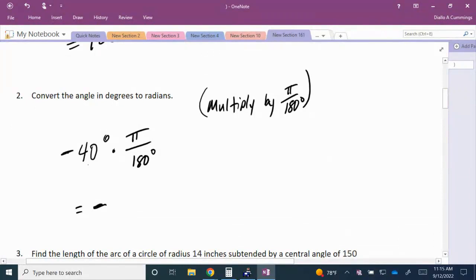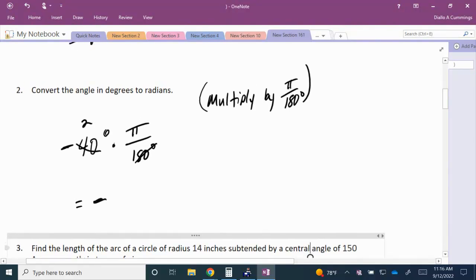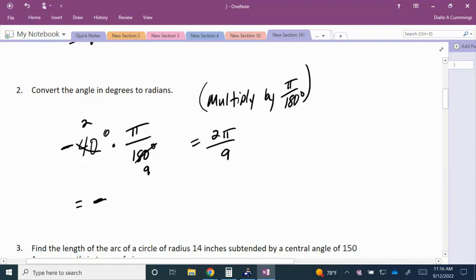We can divide both 40 and 180 by 20, so I'm going to cross reduce. 40 divided by 20 is 2, and 180 degrees divided by 20 is 9. And also the degree cancels. So we have negative 2 pi over 9. All right, so negative 40 degrees is negative 2 pi over 9 radians.